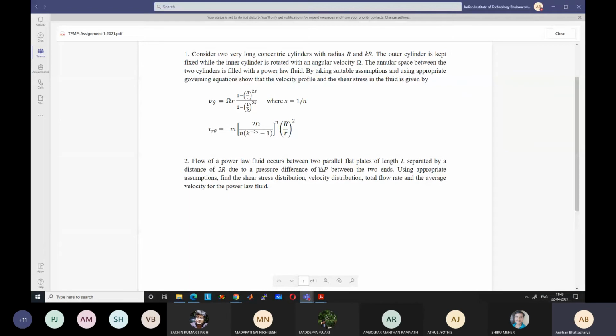So we have parallel plates instead of the cylinder. It's a simplified version of the cylinder problem that we have studied till now. The distance between the parallel plates is 2R, the length of the plates is L, and there is a pressure difference delta P. We have to find the shear stress distribution, velocity distribution, total flow rate, and average velocity for a power law fluid between the parallel plates.